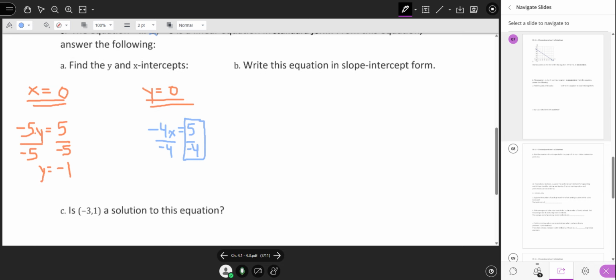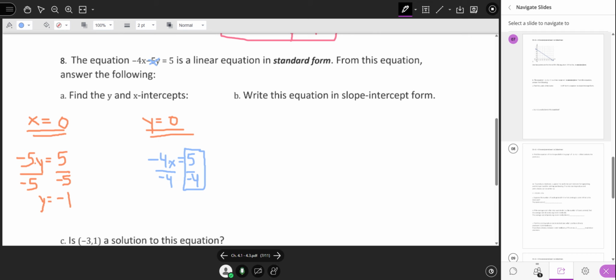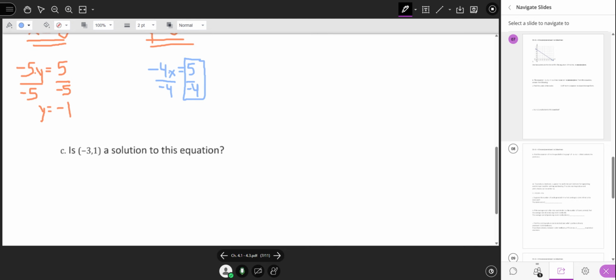Now, part B I will do last because part C is better done in this format. Believe it or not. And I like it that way. Okay? So negative 4x minus 5y. Here's your x. Here's your y.